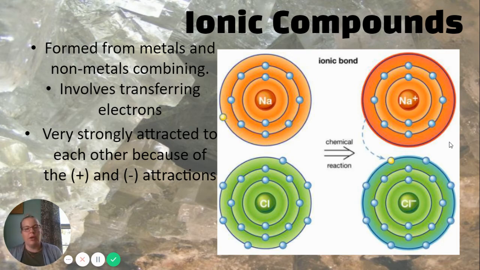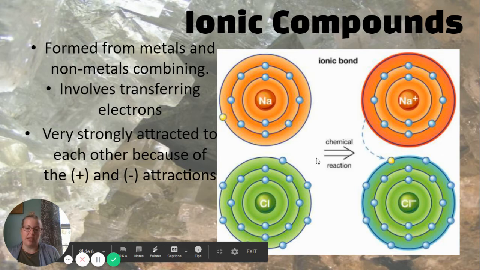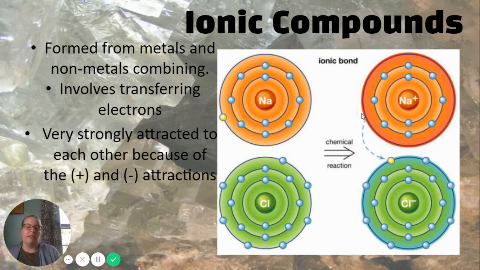And what is different about an ionic compound compared to a covalent compound is that in an ionic compound, the difference in electronegativity is so large that one element loses an electron and the other element gains that electron. So in the case of sodium and chlorine, sodium has 1 outside electron here. Because the chlorine has such a high electronegativity value, the chlorine is actually able to pull the electron from the Na, and Na becomes an ion, Na+, by losing that electron.